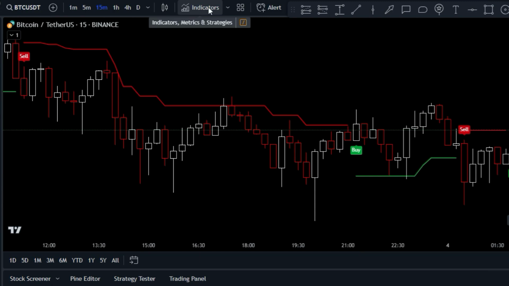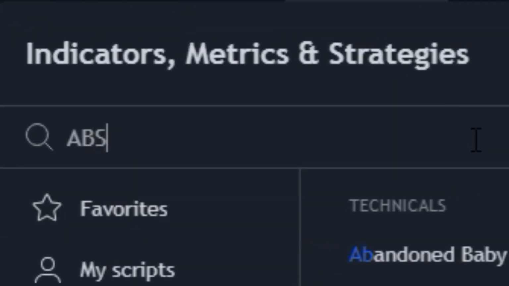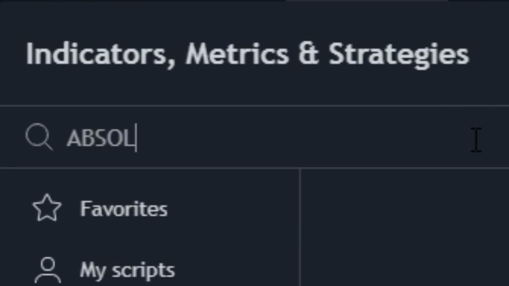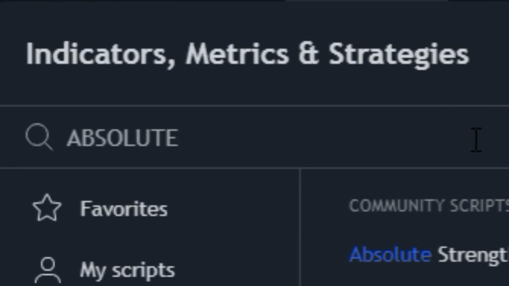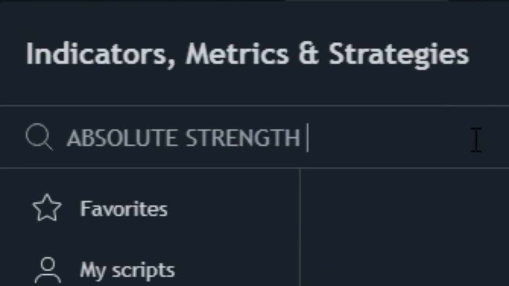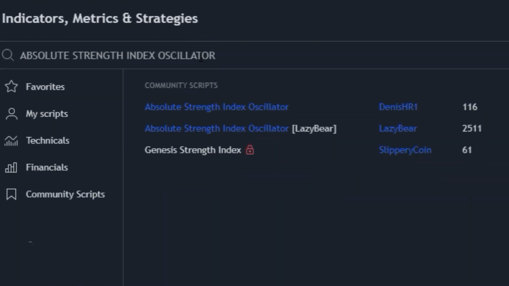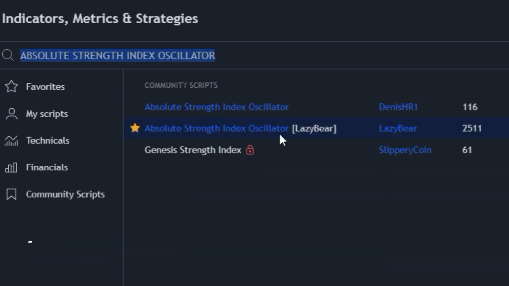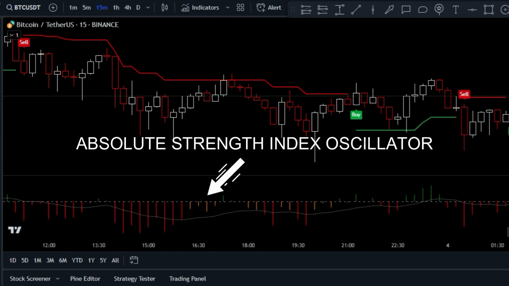Next up, we're bringing the Absolute Strength Index Oscillator as your second tool. Remember, we'll tweak its settings to make sure it syncs perfectly with the first indicator.